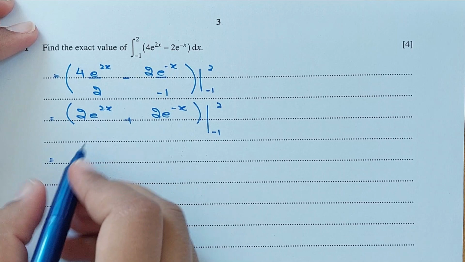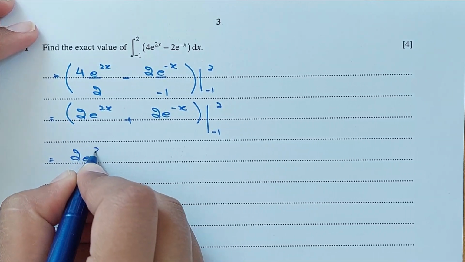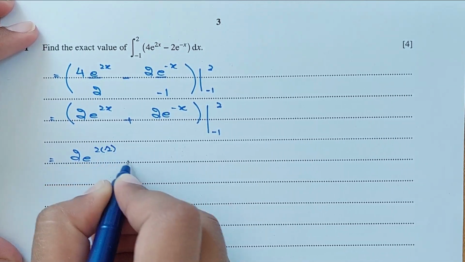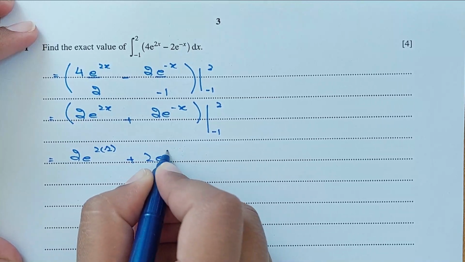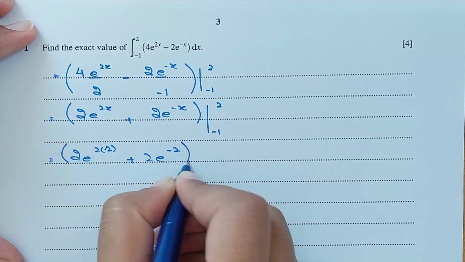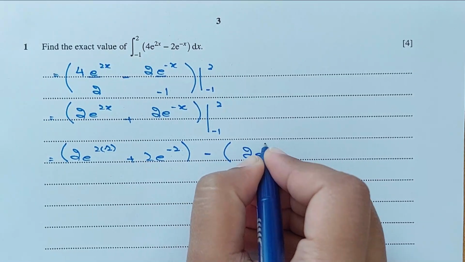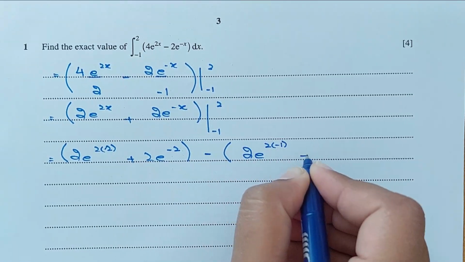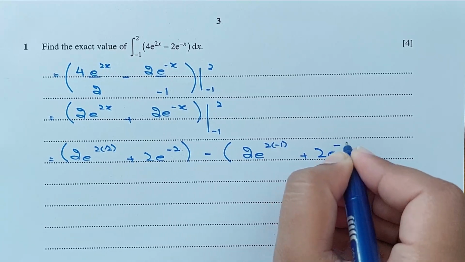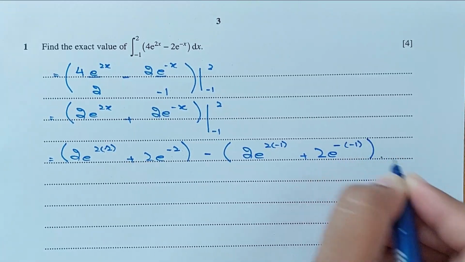Substituting the upper limit, we have 2e^(2×2) plus 2e^(-2), minus the lower limit, 2e^(2×-1) plus 2e^(-(-1)).